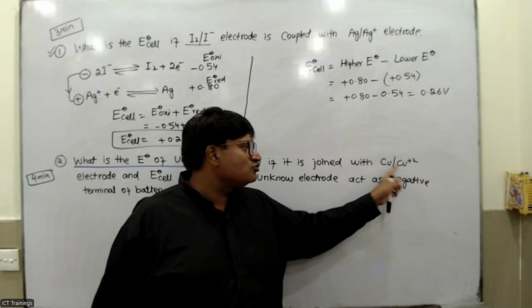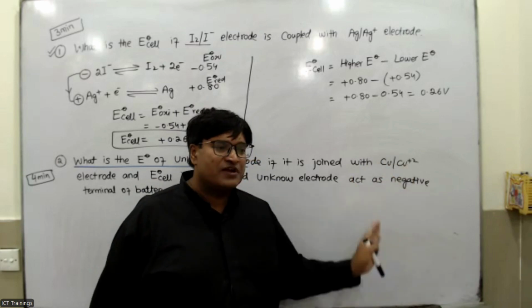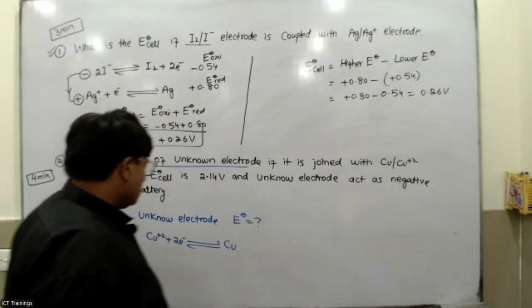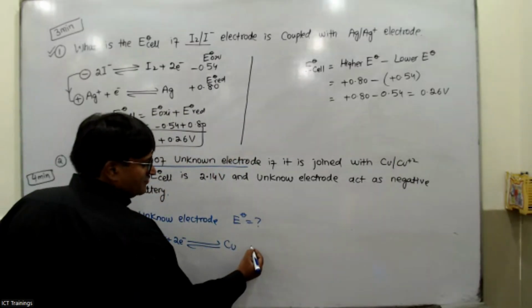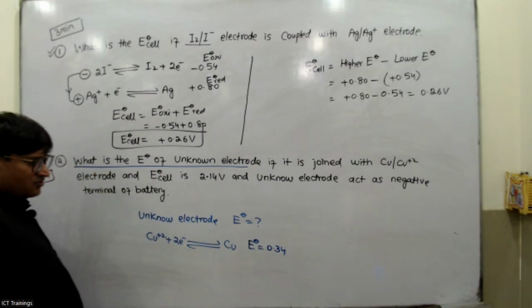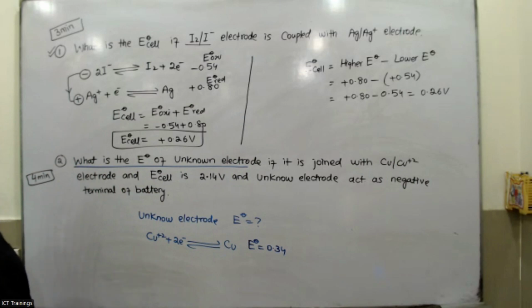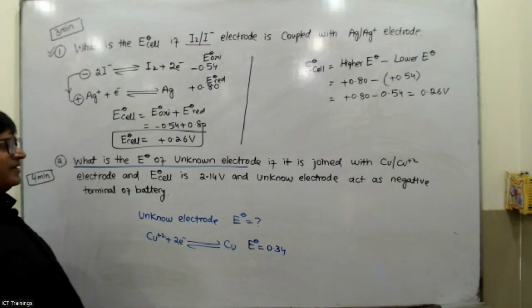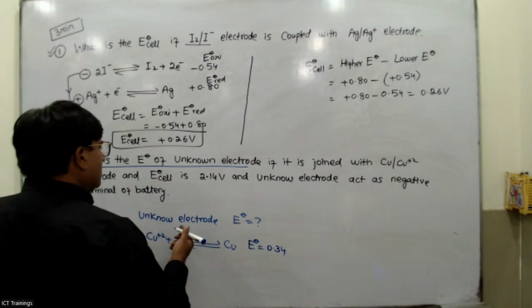So choose the one with Cu and Cu plus 2. This is the equation, and its E naught value is 0.34. Okay.